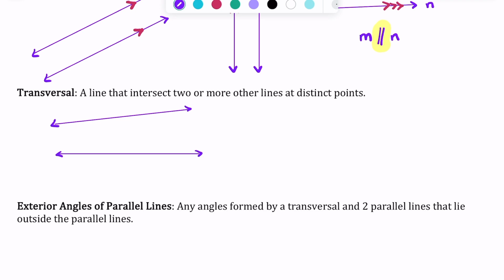And a transversal is one that intersects them. So here's my transversal. My transversal line is this one here, the one that I've highlighted in yellow. It is my transversal, because it intersects two or more lines at distinct points. Now, this vertex and this vertex are both distinct points.